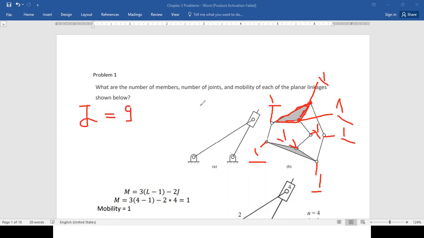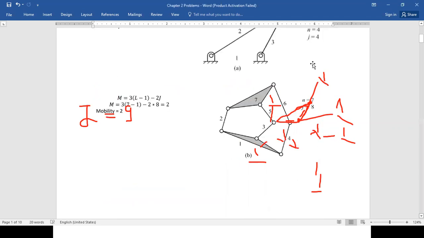And for the number of links, let me check what we obtained before. Yes, so we have 7 links and 9 joints. If we replace into the equation of degree of freedom, L equal to 7 and J equal to 9, then we obtain that the degree of freedom is 3 times 6.